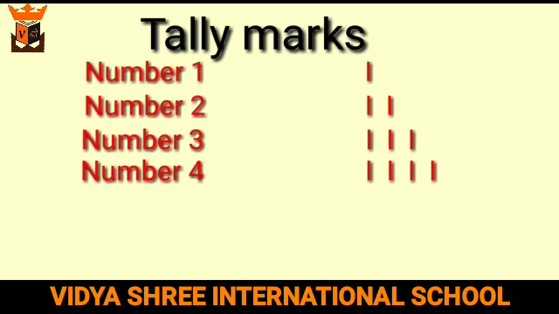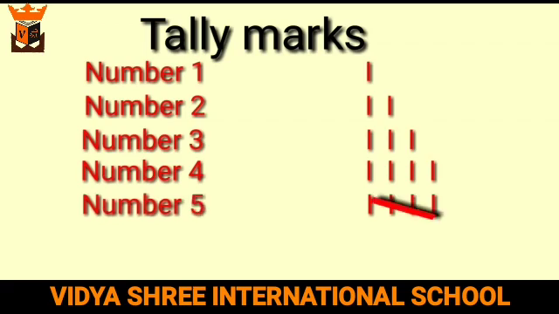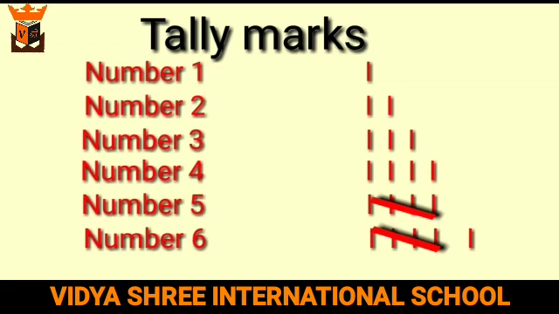The number 4 can be represented by using four vertical lines, and for the number 5, first of all we will draw four vertical lines and then we will draw a diagonal across the vertical lines. For the number 6, we will draw 5 first and then one vertical line. For the number 7, we will draw 5 and two vertical lines.